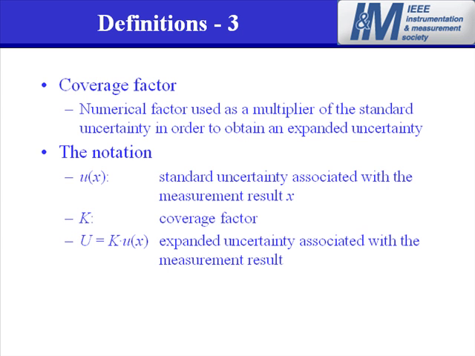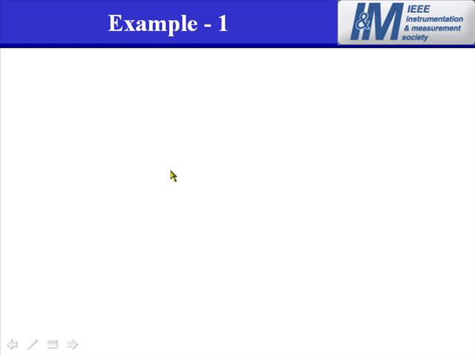And let's see the symbols and then the notation that is used in the measuring practice. As you can see, standard uncertainty is represented with a small letter u, the coverage factor with a capital K, and the expanded uncertainty with a capital U. Let's now consider a few examples.